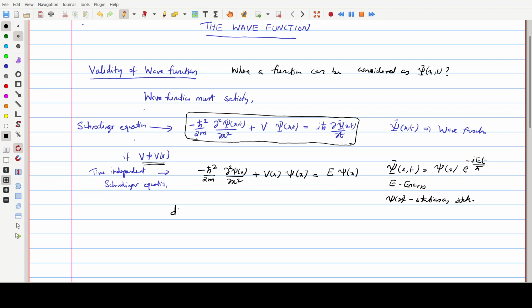Recall the definition of the first derivative. For any function, df/dx is the limit as delta x tends to 0 of f(x plus delta x) minus f(x), divided by delta x. This derivative will exist if f(x) is continuous.